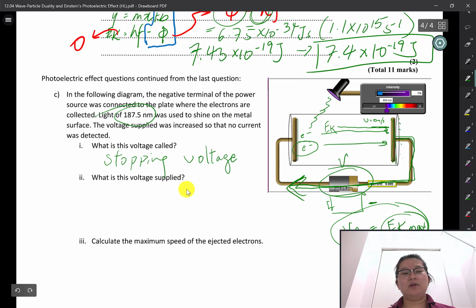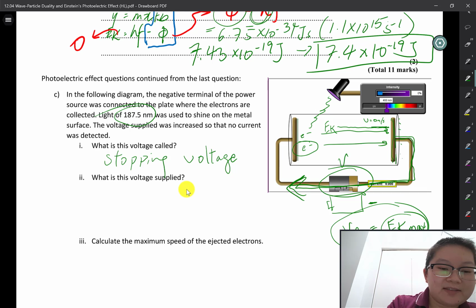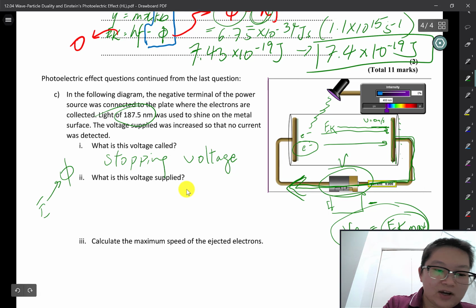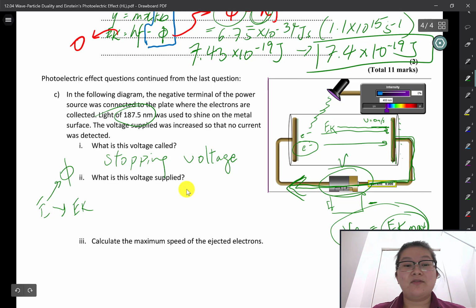So some of this energy is going to go into the work function of ejecting the electron, and whatever is left over is going to go into the kinetic energy of these electrons. So whatever energy the light gives, we have to subtract the work function, and that gives us the residual kinetic energy before we divide by the charge to find the stopping voltage.